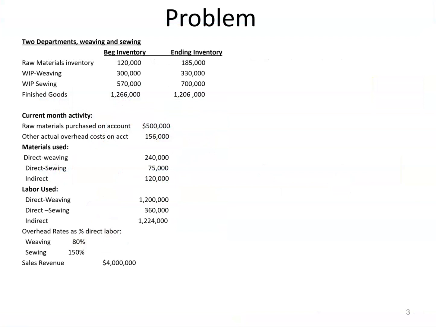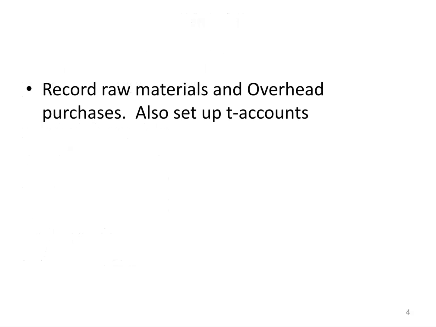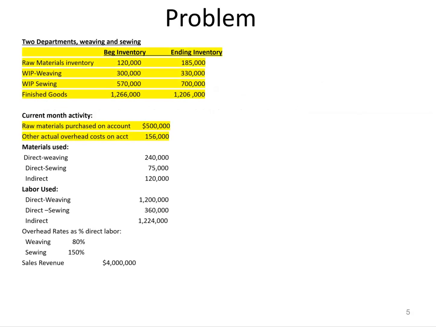Now here is our problem that we're going to work on, and we're going to do the journal entries for all of this. First, we're going to record raw materials and overhead purchases. Also, when I'm doing a problem like this, I really like to do T accounts because I'm a visual person. I have to see it.